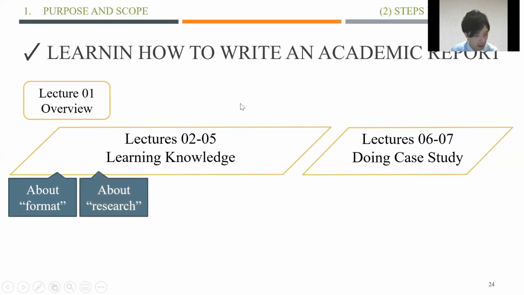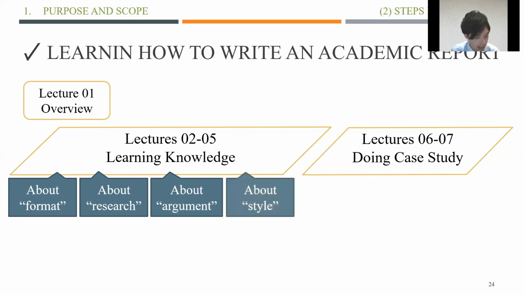In lecture 3, we will look at the research method. In lecture 4, we will look at argument, or the method for argument. And in lecture 5, we will look at the style of academic writing.